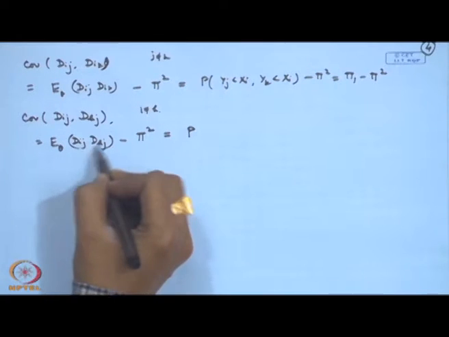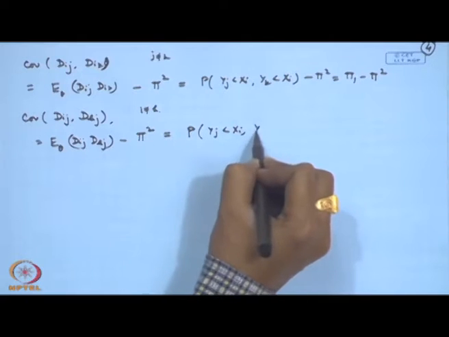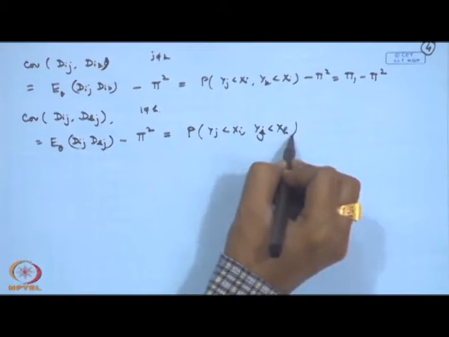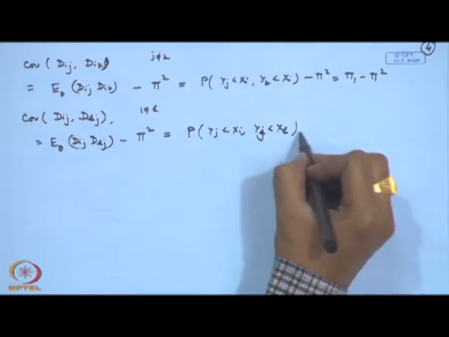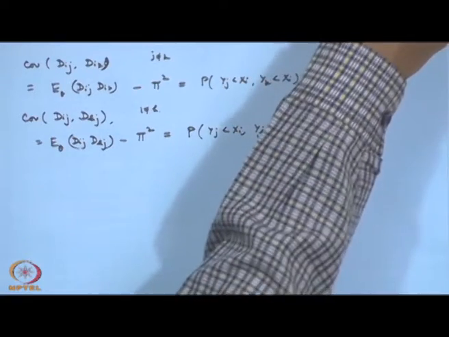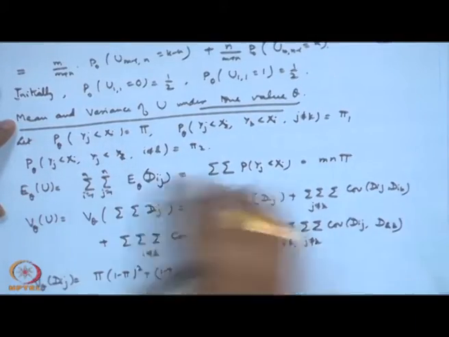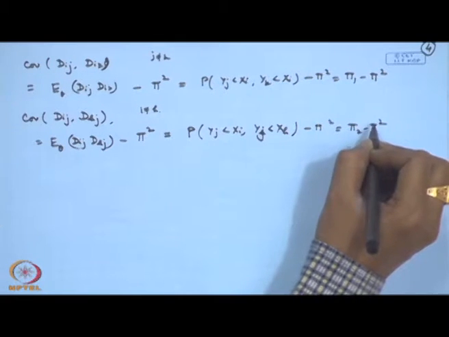Now, this value will be equal to 1 only if you have y j less than x i and y j less than x h. This should be x h here. So, this value we have assumed to be pi 2. So, that is equal to pi 2 minus pi square.